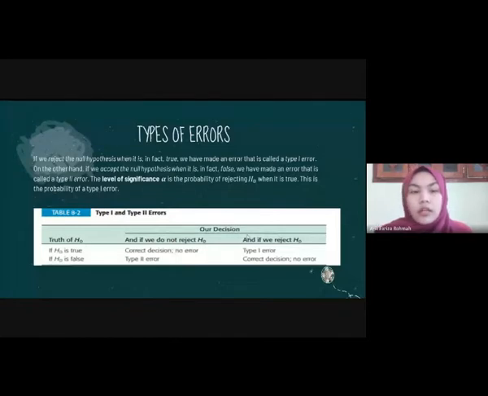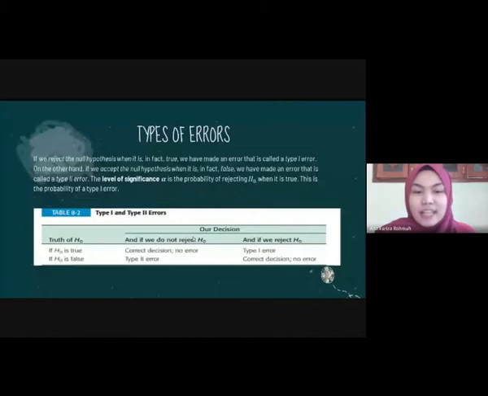If the null hypothesis is false and our decision is to not reject it, the result is a type 2 error. And if we reject the null hypothesis, the decision is correct, or no error.